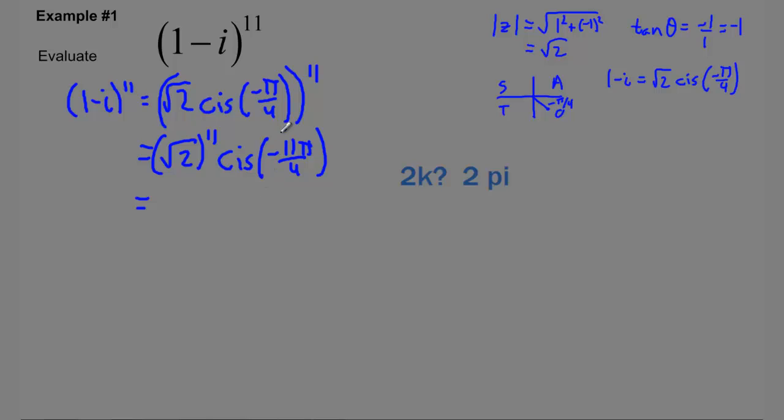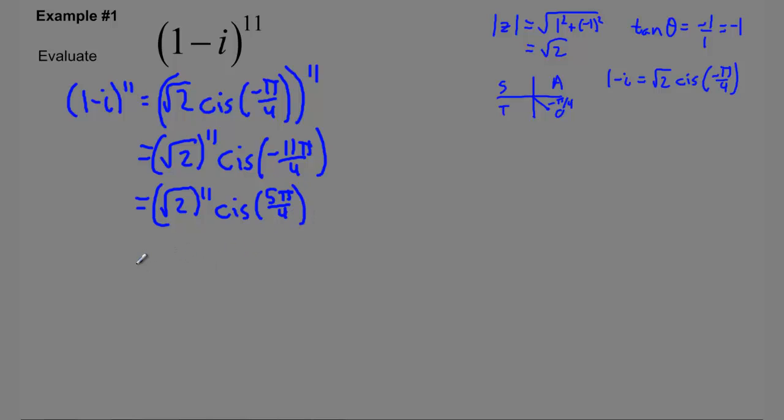So if I were to add a multiple of 2 pi, let's say 8 pi over 4, I would be at negative 3 pi over 4. Add 8 pi over 4 again, I'd be at 5 pi over 4. So maybe I'll take that one. So root 2 to the 11th is cis of 5 pi over 4.